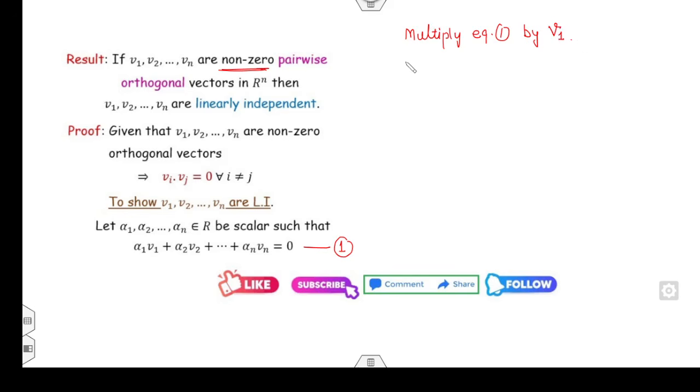So what will happen? It will be V1 dot alpha 1 V1 plus alpha 2 V2 plus up to alpha n Vn, which is equal to V1 dot 0.